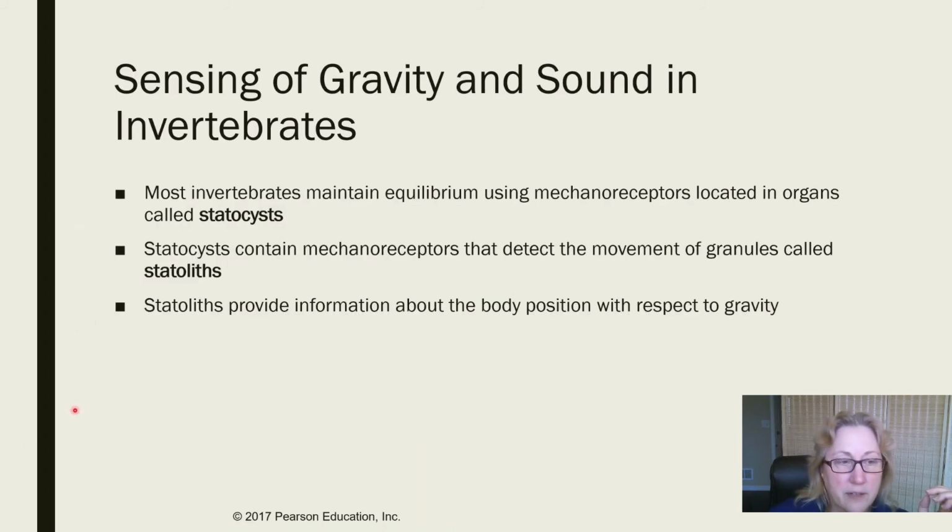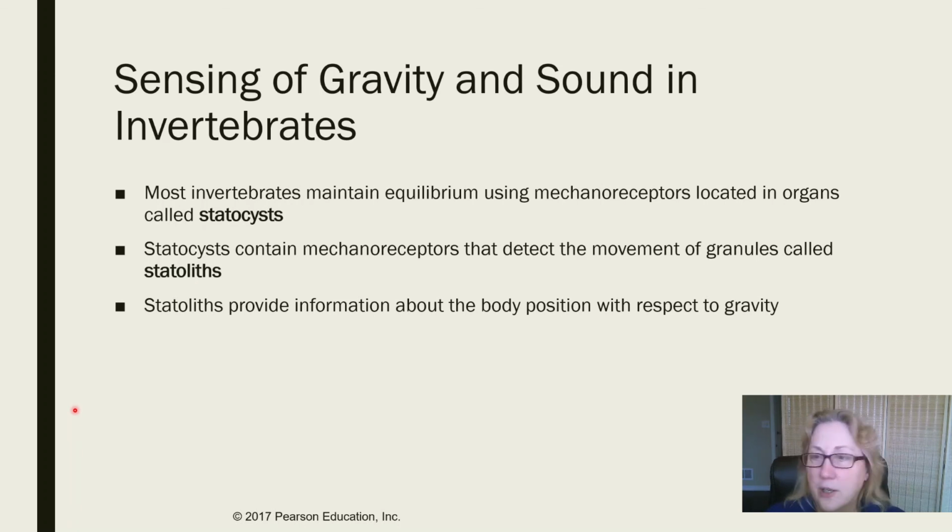So for invertebrates, they often use something called a statocyst, which is a little ball of cells that have cilia. And again, this is going to be a mechanoreceptor because it's detecting the movement of these cilia based on these little statoliths bumping around inside the statocyst and bumping into them.